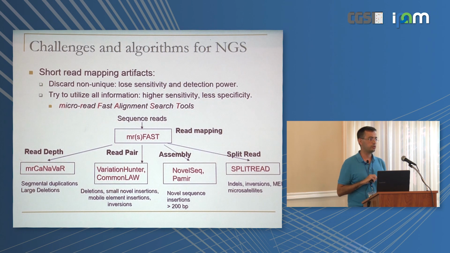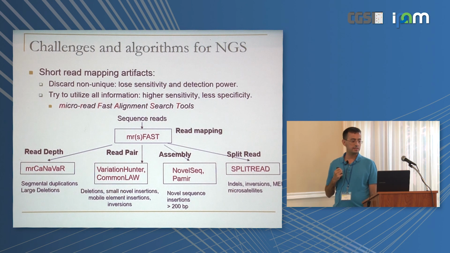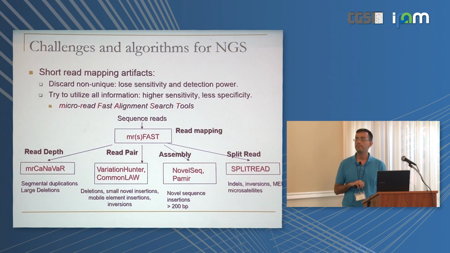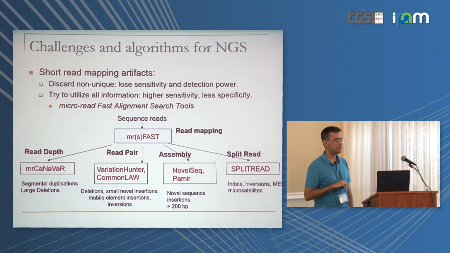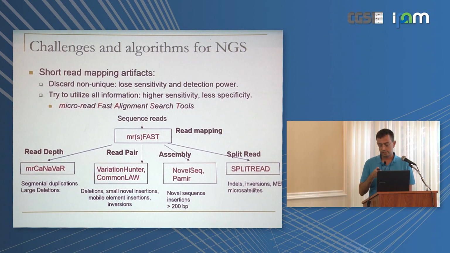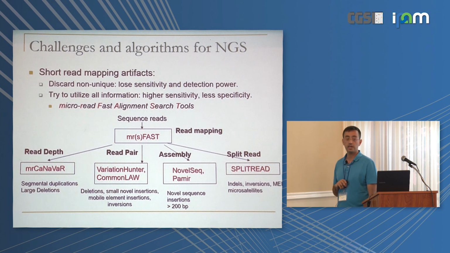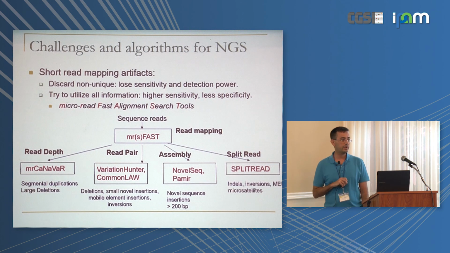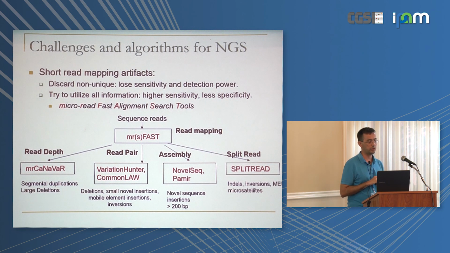So what are we going to do? We can either discard the non-uniquely mapping reads, which is going to cause us to lose sensitivity in detection, or we can try to utilize all the information to gain higher sensitivity at the cost of less specificity. We selected the second approach because in our lab, our primary focus was duplications and the variants that are flanked by duplications.